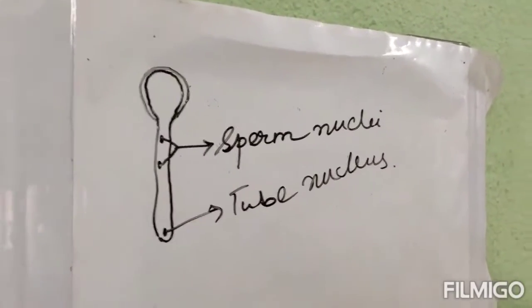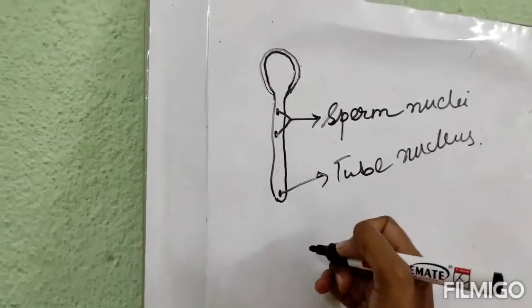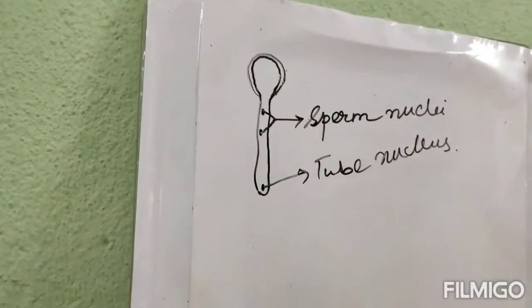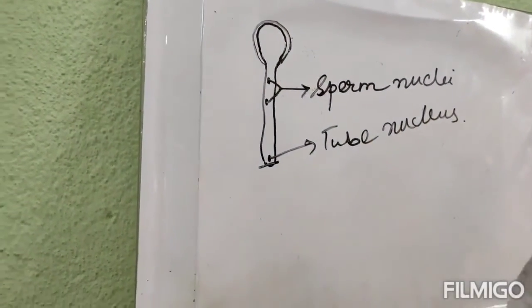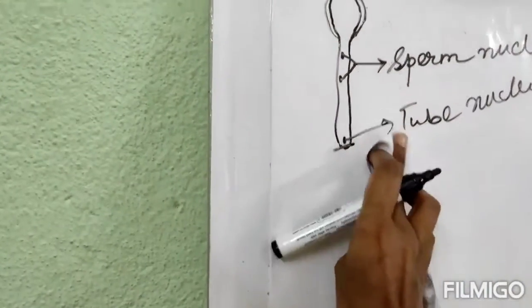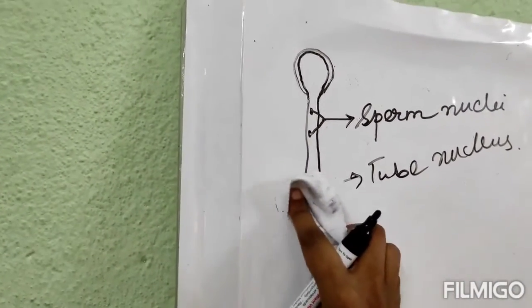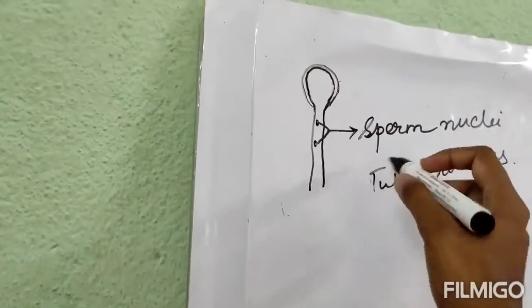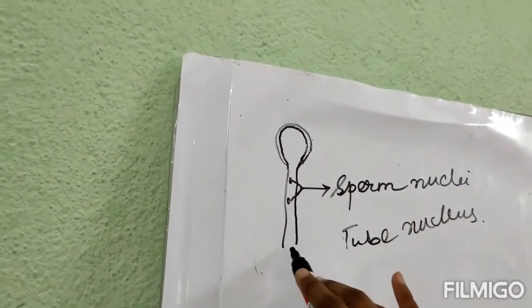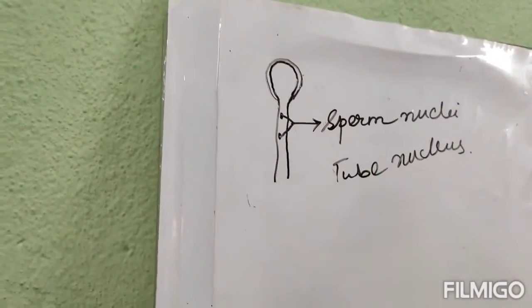When it reaches the ovary, the pollen tube will degenerate, that means it will get destroyed. As soon as the pollen tube gets destroyed, the tube nucleus will also get destroyed. Thus when the tube is destroyed, these two sperm will be released.